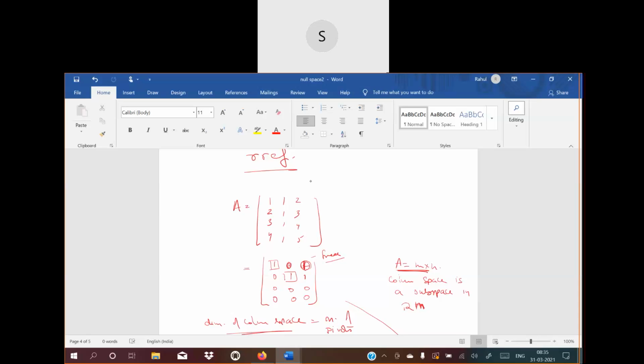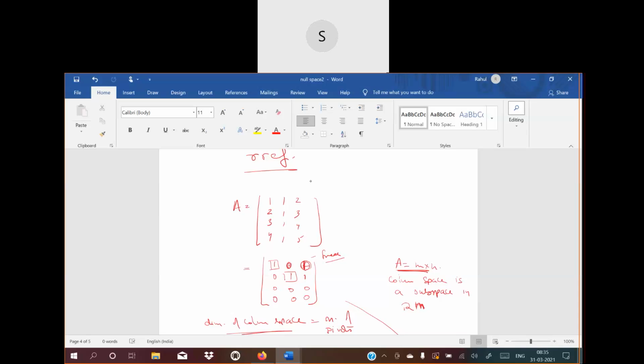In that matrix, we are trying to find the number of independent columns, which is the rank of A. If out of 100 you are able to find 10 columns which are linearly independent, by definition they will span the entire space. This is how we reduce the dimension of that matrix, and we are able to find those important columns which can span the entire space. So that's why rank is very important.